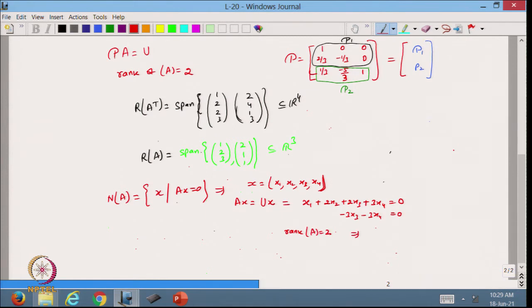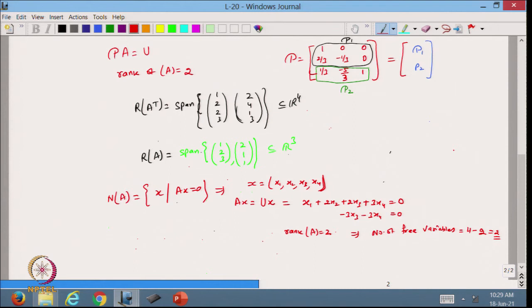So from here I know that the number of free variables will be 4 minus the rank, that is 2. So it will be 2 free variables. We have to find the 2 free variables, so we will take the free variables corresponding to the non-basic columns.